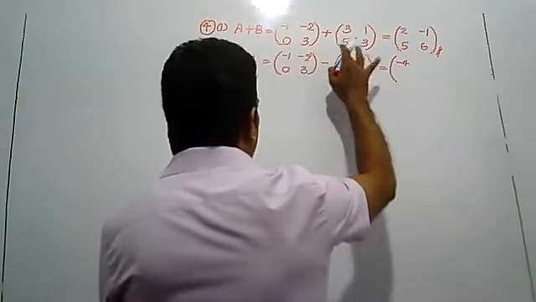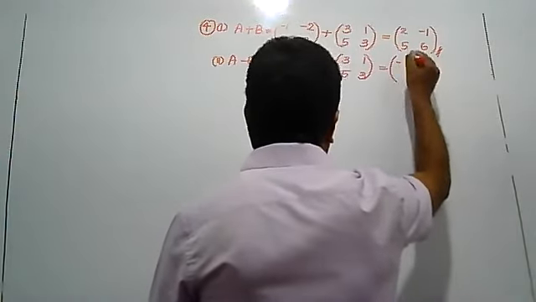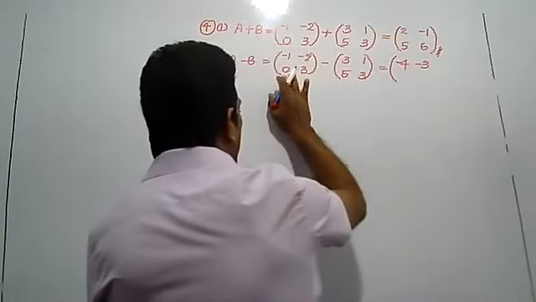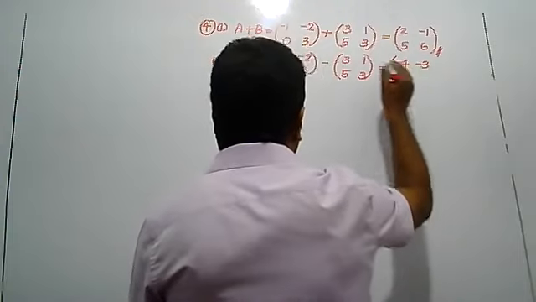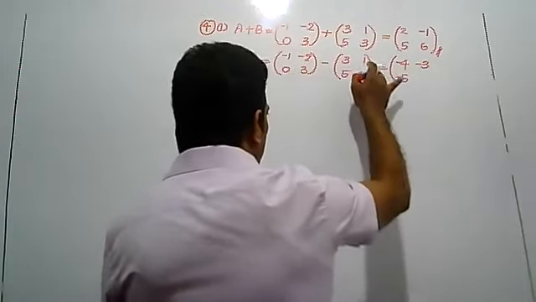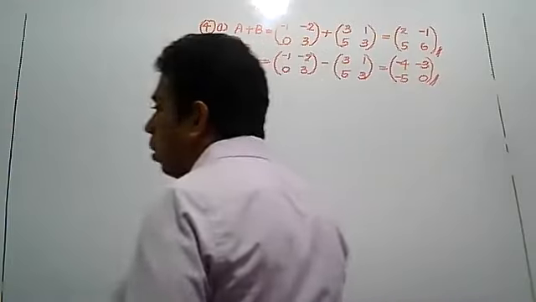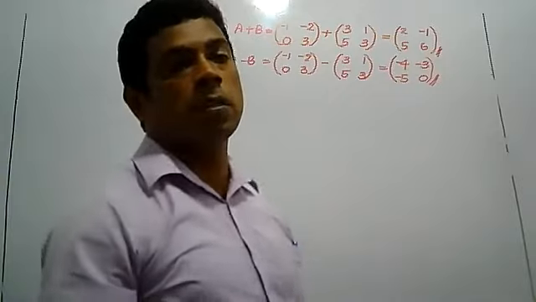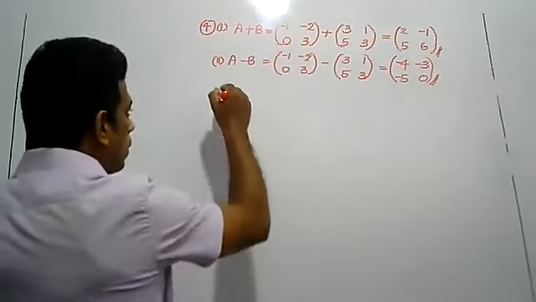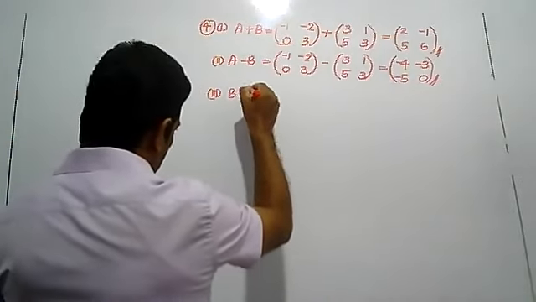Minus 2 minus 1 is minus 3. 0 minus 5 is minus 5. 3 minus 3 is 0. So the answer is minus 4, minus 3, minus 5, 0. Third part, we want to find B minus A.